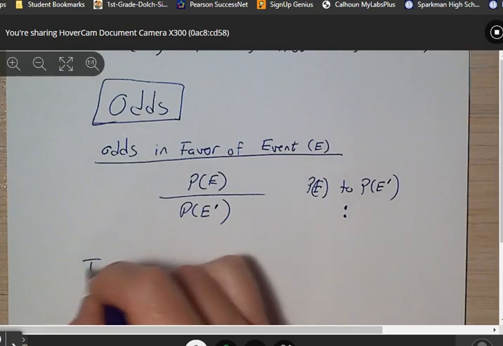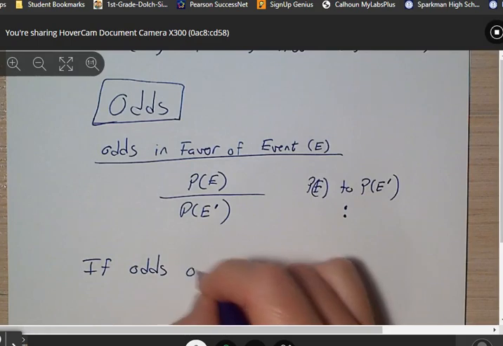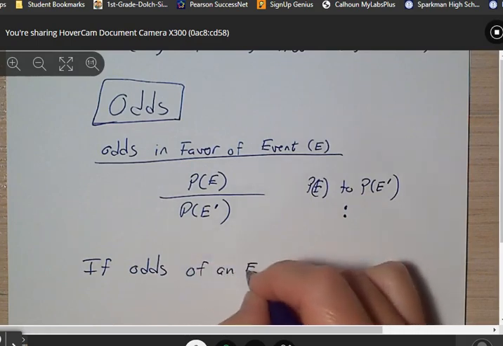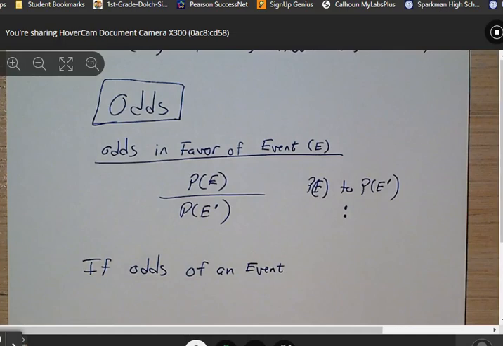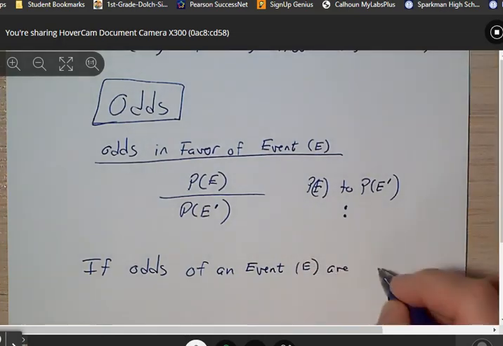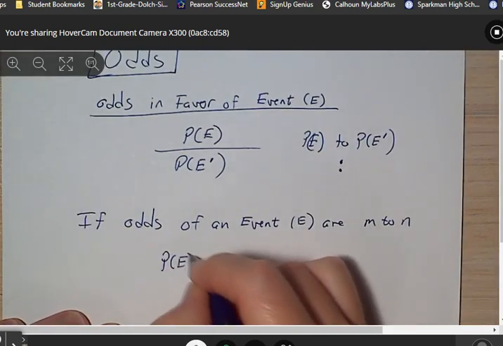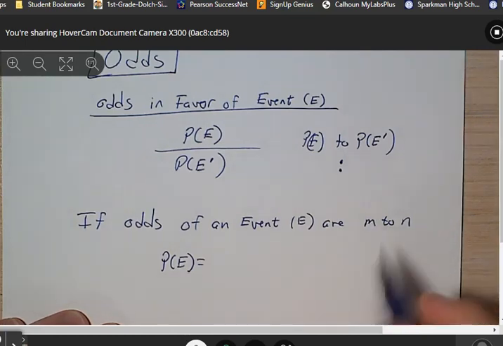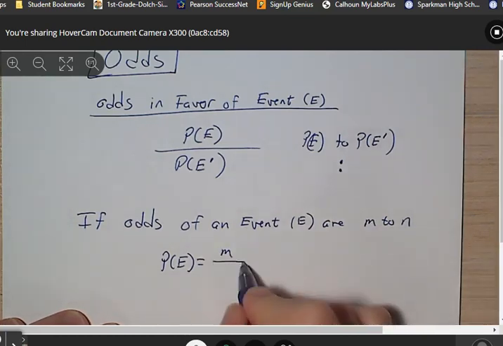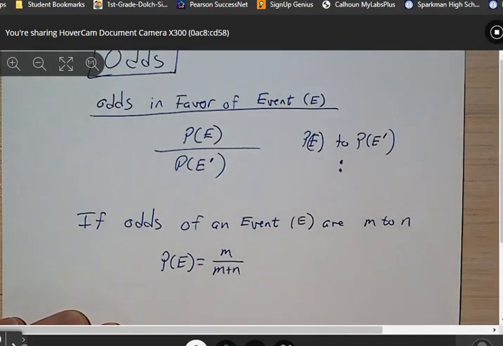Okay, and then flipping that one around. They say, well, if the odds of an event happening are M to N, it's 1 to 999,000, whatever the case would be there, then the probability of the event would be taking whatever you have for M, the chances of you winning, and then on the bottom you're going to add those two numbers together.